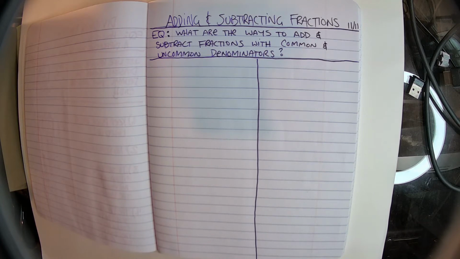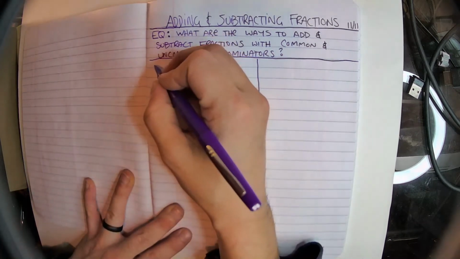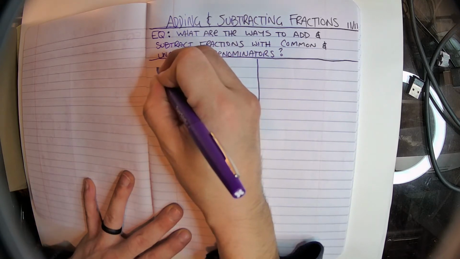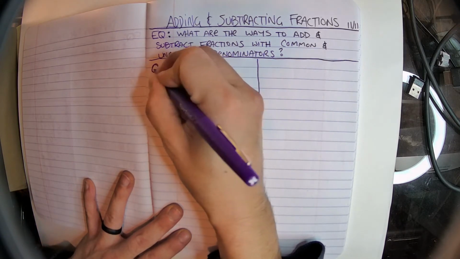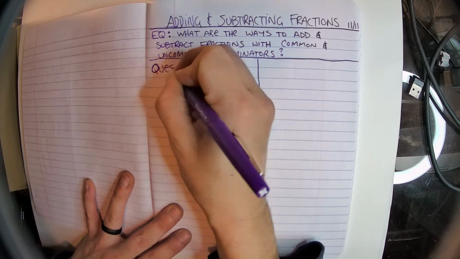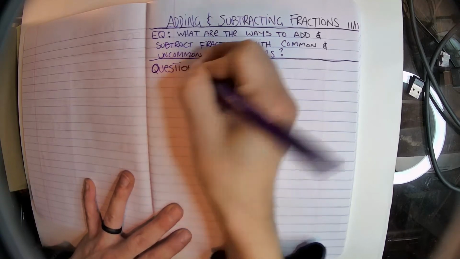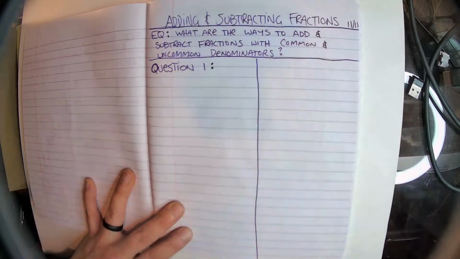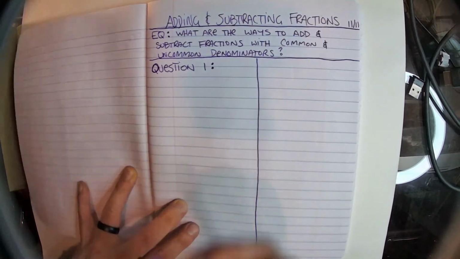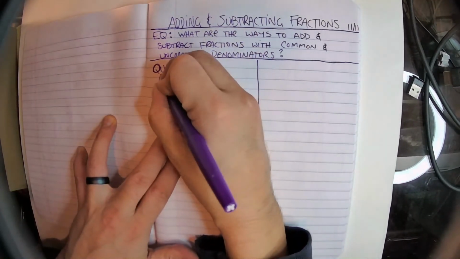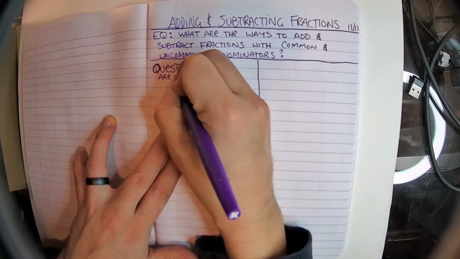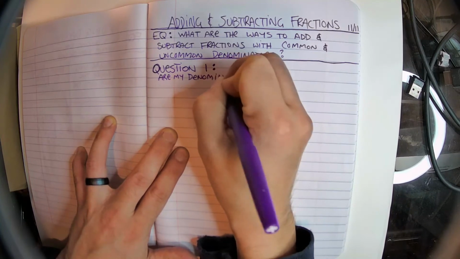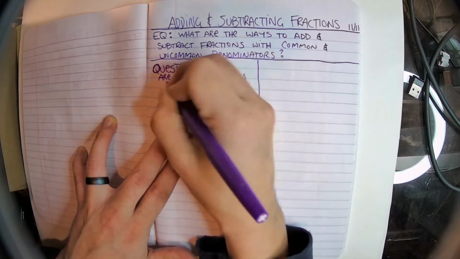All right, so let's start it off with the questions. All right, so question 1, whenever we are adding or subtracting decimals, the first question, all right, is, are my denominators the same?